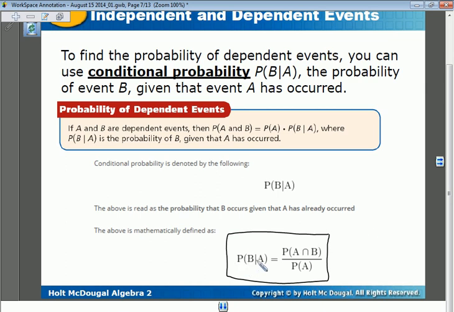The probability of B given A is the probability of A and B divided by the probability of A. Or, from the other side, the probability of A given B would be the probability of A and B divided by the probability of B.